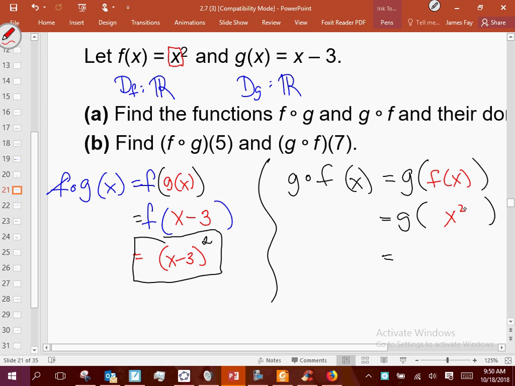So when we read this, that algebra says, okay, go to G, and wherever you see an input or your variable, replace it with X squared. So when I do that, I should be producing X squared minus 3. And now that is G composed with F.